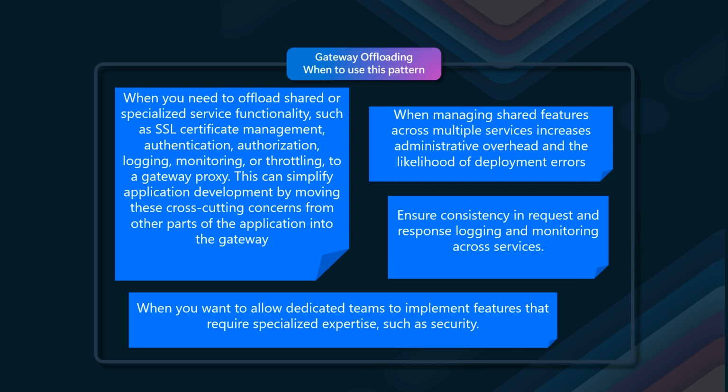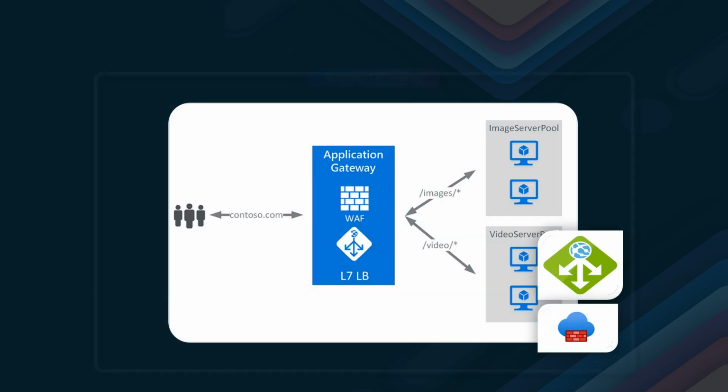When you want to mitigate attacks at the edge and ensure that internet traffic routes only through the gateway, not directly to the workloads or platform as a service resources, the gateway should have the ability to mitigate exploits and provide network security. By considering these scenarios, we can determine whether the gateway offloading pattern is suitable for your application and ensures that it meets the necessary security, user experience, and administrative requirements.